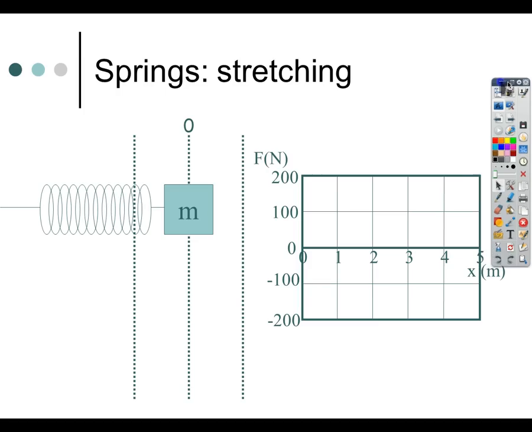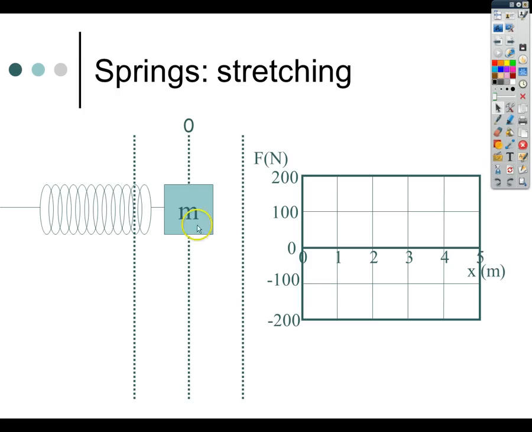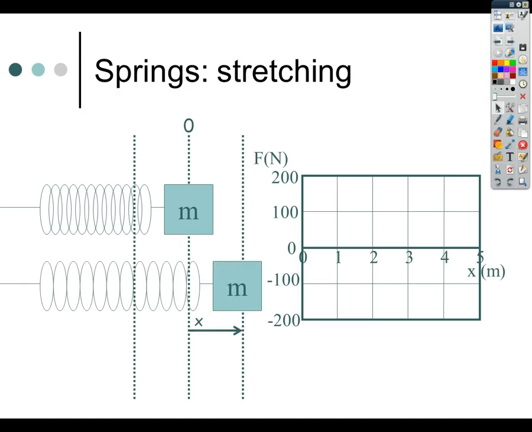For this one, in our little graph, we see that we have a mass right here, and what we're going to do to that mass is stretch it. When we stretch it, the x here goes in one direction to the right. The force of the spring is in the opposite direction, and by Hooke's law we know that the force of the spring is equal to negative kx.